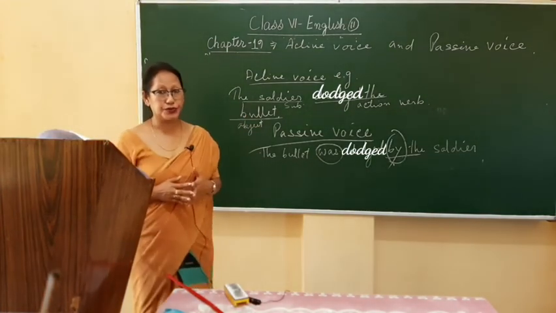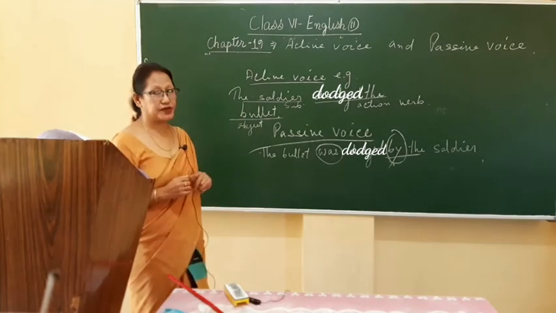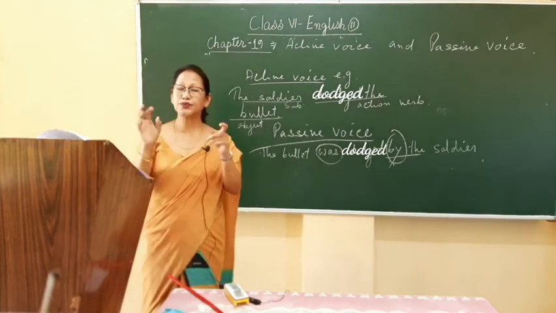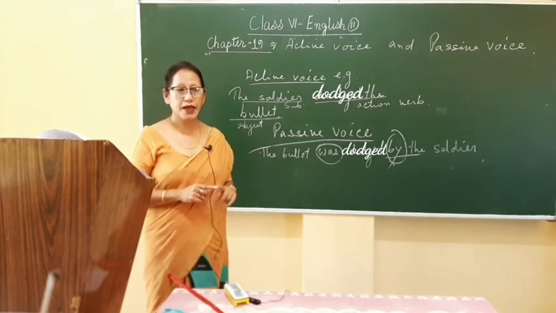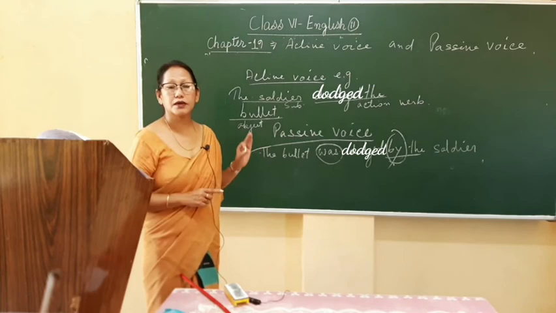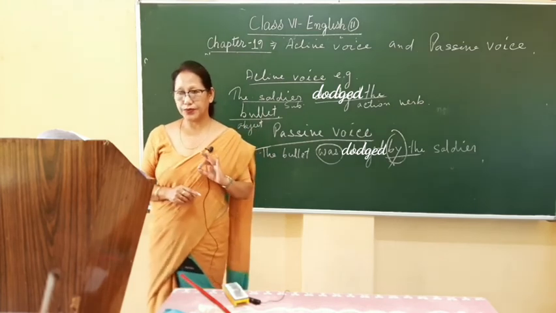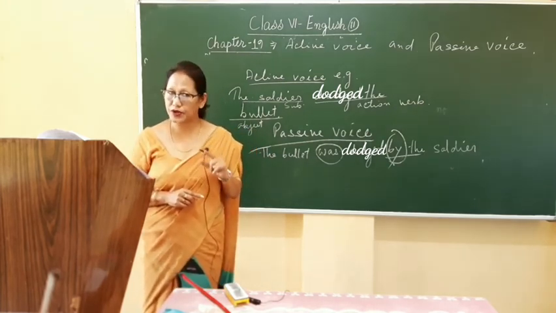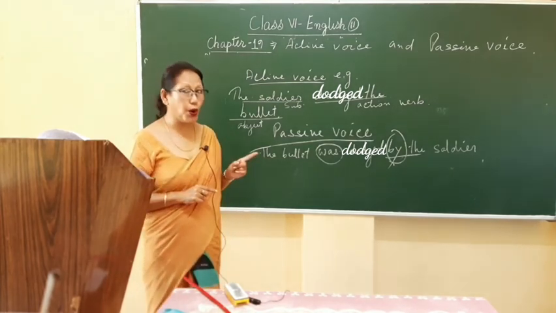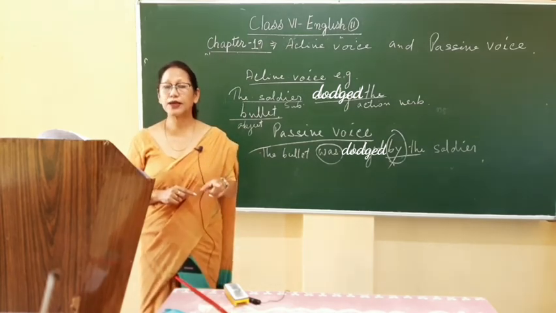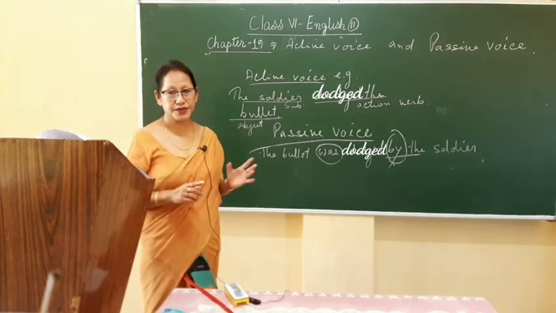And there are certain rules to change active to passive voice: you have to interchange the subject and object, and the verb goes in the third form. We have three forms of a verb: present, past and past participle. For example, go, went and gone. We have to use the third form while changing active voice to passive voice.